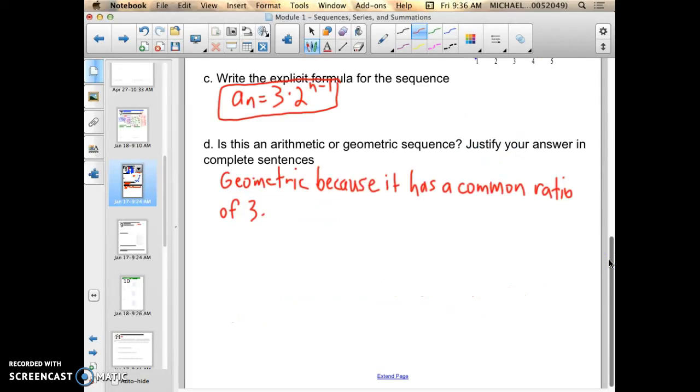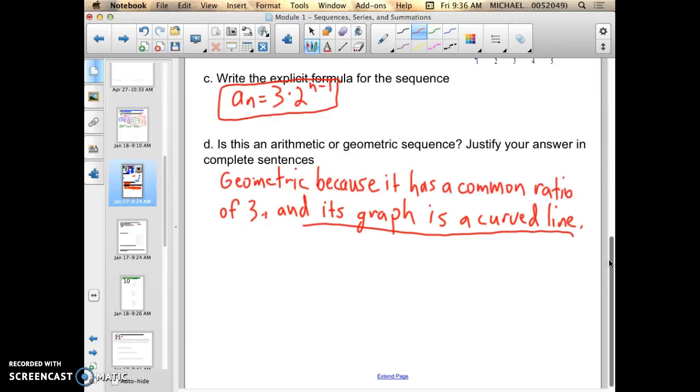So the other piece of information to justify this is a common ratio of 3, comma, and its graph is a curved line. So its graph is a curved line is the new learning.